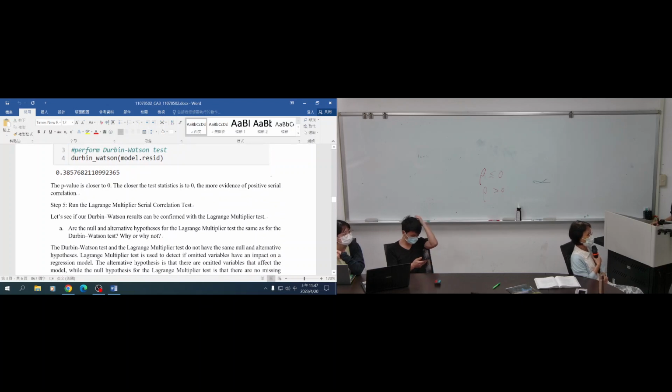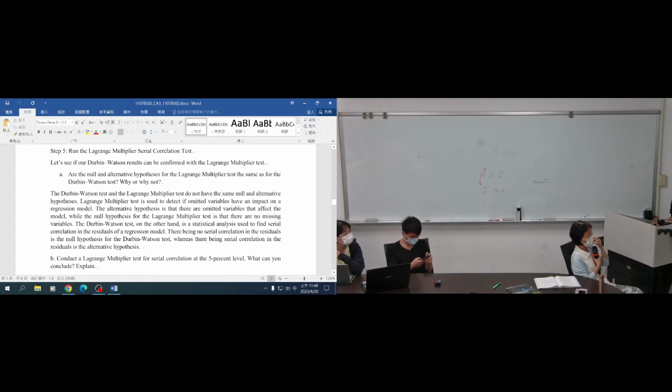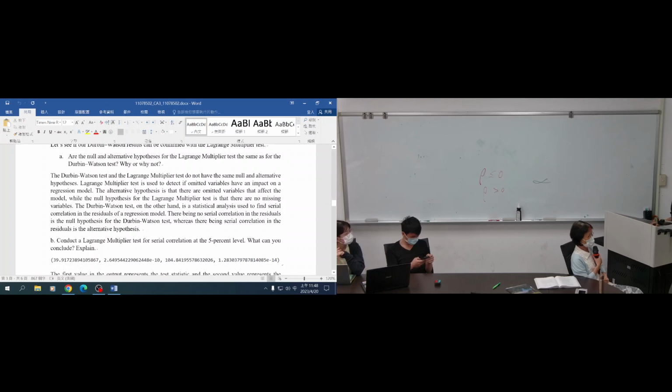And then for the Lagrange multiplier test, are the null and alternative hypotheses the same as Durbin-Watson? Oh, it's not, because the LM test is used to detect if omitted variables have an impact on the regression model.